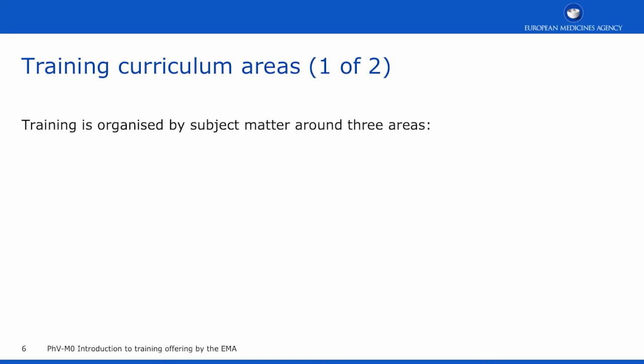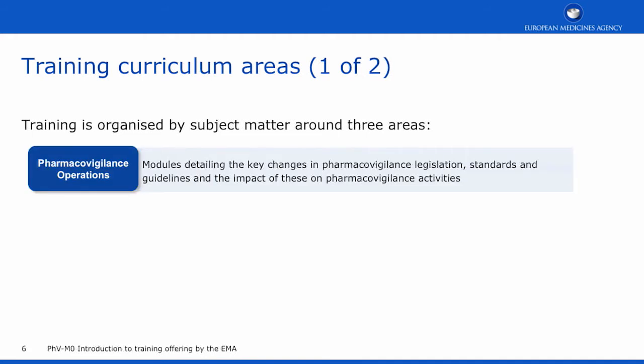So training has been organized by subject matter around 3 core areas. The first one is that of pharmacovigilance operation. This area contains modules which detail the key changes in pharmacovigilance legislation, the standards and guidelines, as well as the impact of these on the pharmacovigilance activities.